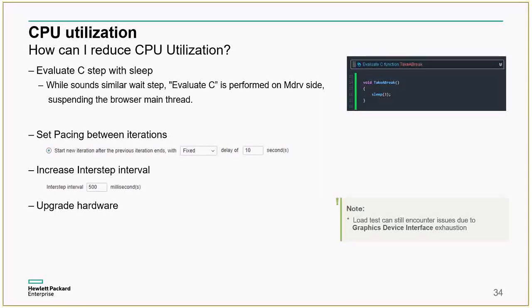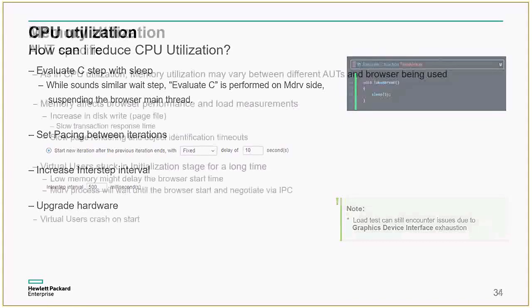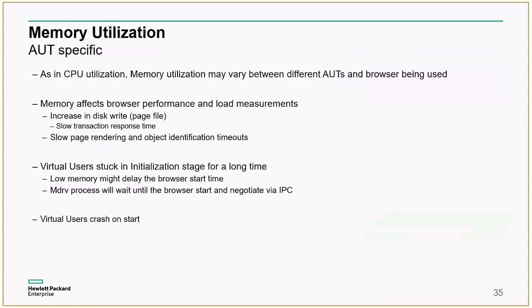So Windows has a limitation for the amount of GDI objects that can be created. By default, I think it's around 65,000 objects, and Windows takes not a major, but a part of it. So you might still encounter this limitation.